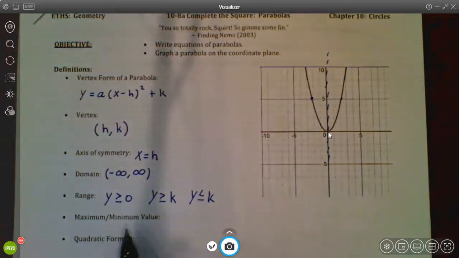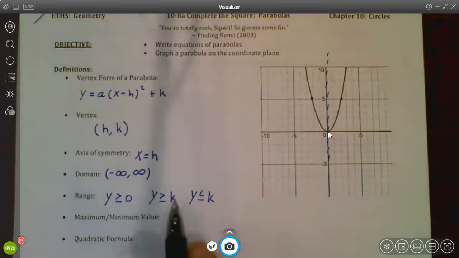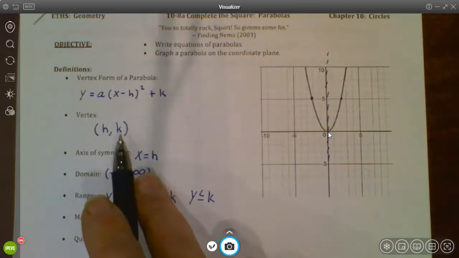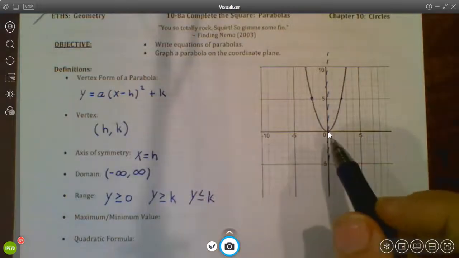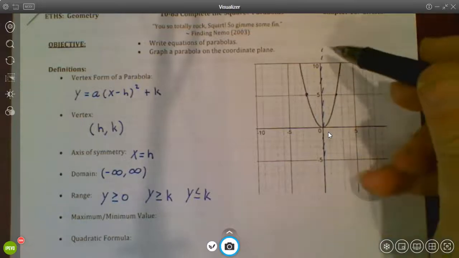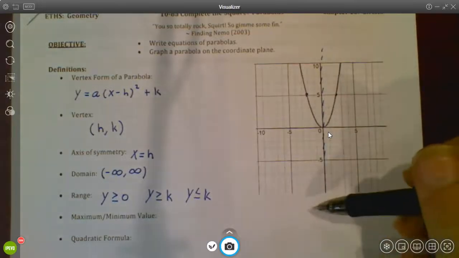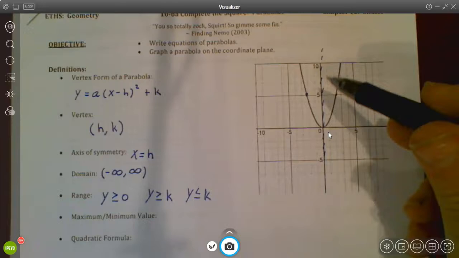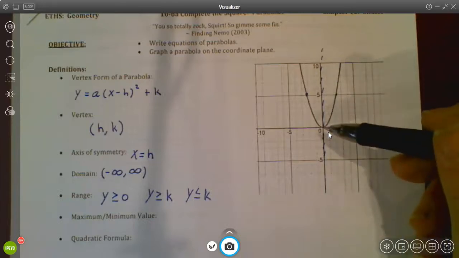As far as the maximum or minimum value, again, that comes back to your lowest point or your highest point. Right? Your vertex is always either the lowest or the highest point of this graph. If it's a positive graph, like this one is, then your vertex is the lowest point on the graph. And if we're talking about how high a point is or how low it is, right, that's something that goes this direction. So we're only talking about the y-coordinate of your vertex.